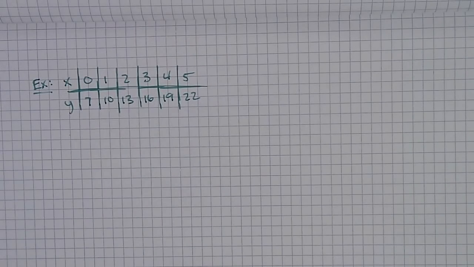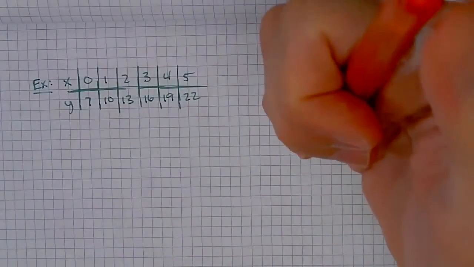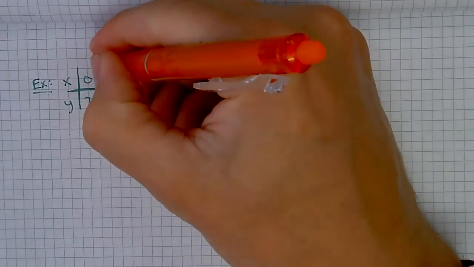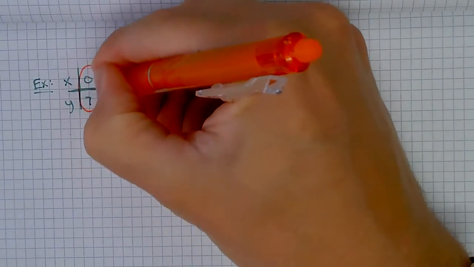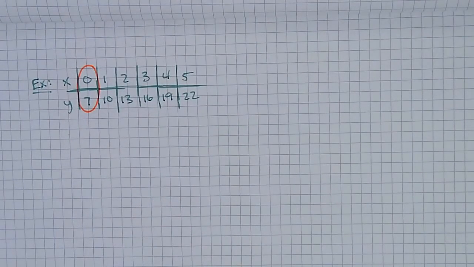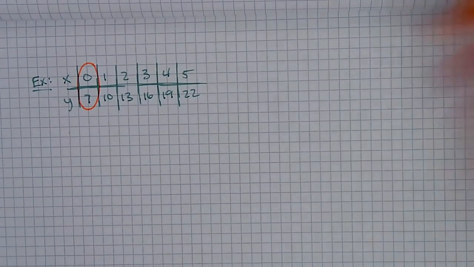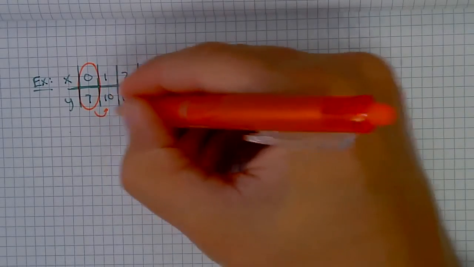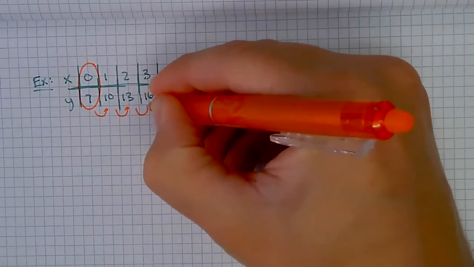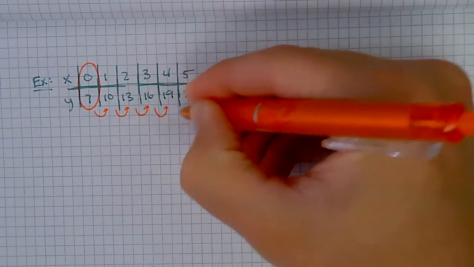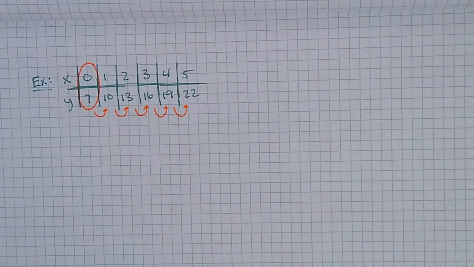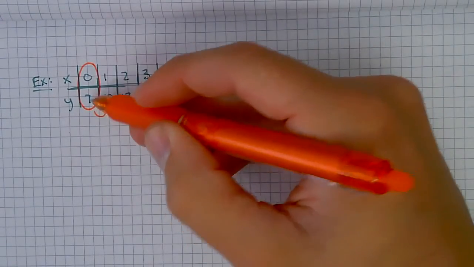All right, so if you think about what were the key things we were looking for when we were given the table to write our equation, kind of doing the opposite. We're looking for what is our value when x is equal to 0, and we're looking for what is happening between each term. So when x is 0, y is 7.